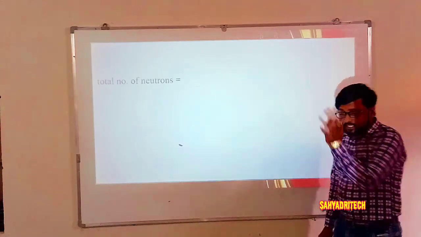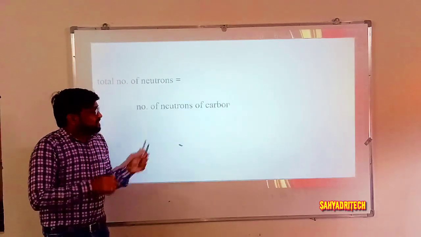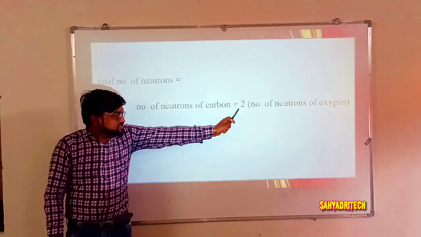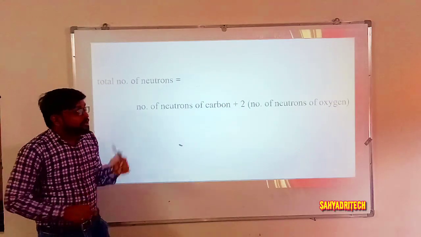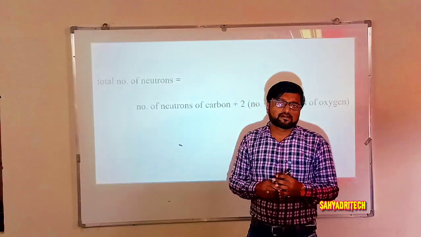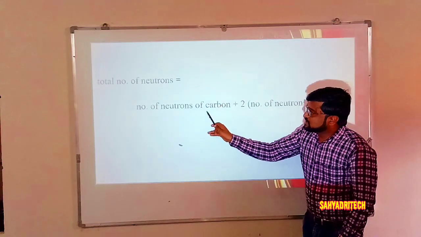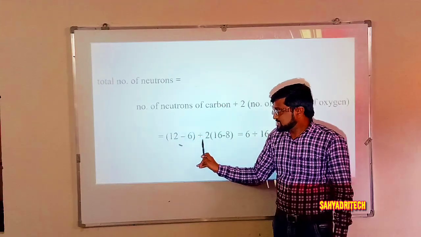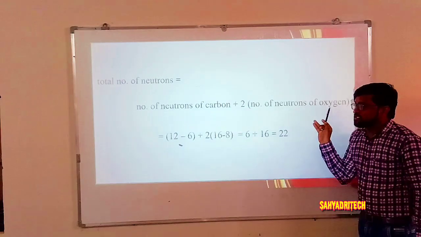Then coming to the total number of neutrons. Total number of neutrons is the number of neutrons of carbon plus 2 into number of neutrons of oxygen. So for carbon, how do we get the number of neutrons? Again, mass number minus atomic number. For carbon, the mass number is 12 and atomic number 6. So number of neutrons of carbon is 12 minus 6, plus 2 into the bracket of number of neutrons of oxygen.